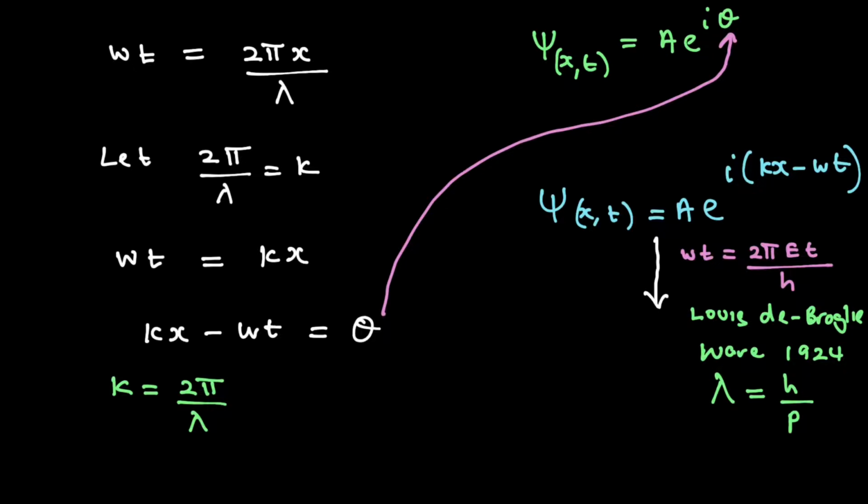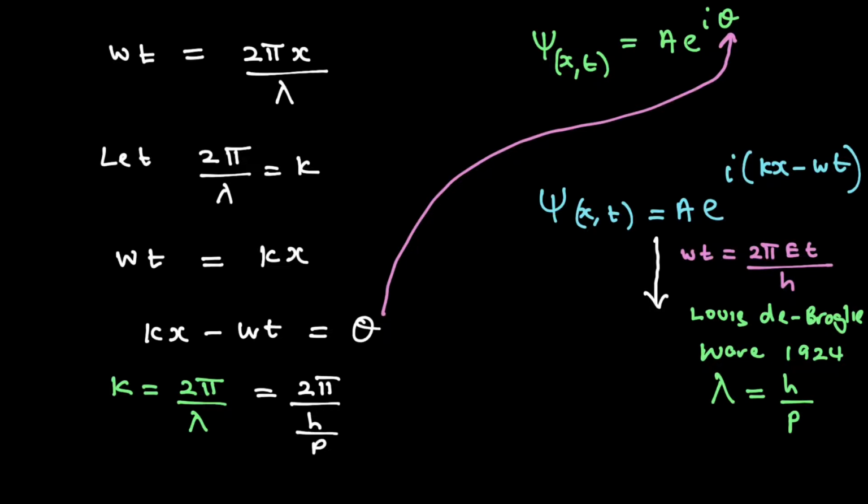so now we can replace that with 2 pi over h over p.